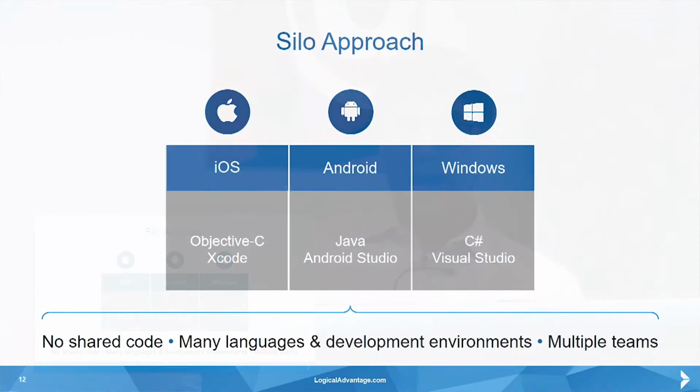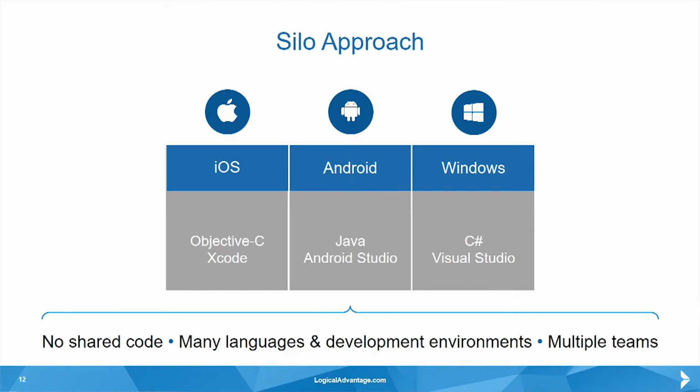So let's look at what it takes to architect mobile apps. We know that's what we want to do now, so how do you get there? The current state of mobile app development is you go out and you build an iPhone app with Objective-C and Xcode. Then you'd have another team go out and build a Java application with Android Studio, another team for Windows phones, if you even target that at all, with C# and Visual Studio.